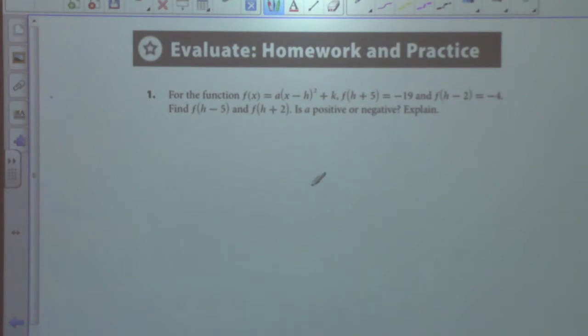Oh, no. Because this is function notation, F. So in other words, we're saying that the output value of the X value of H plus 5, so this H plus 5 represents an X value. And if we plug in this X value, we get an output of negative 19. That's what that means.